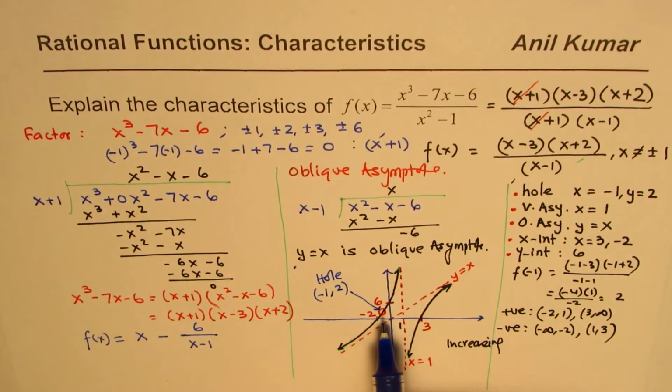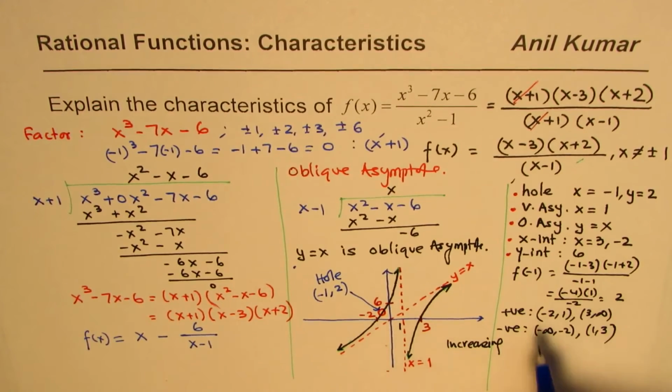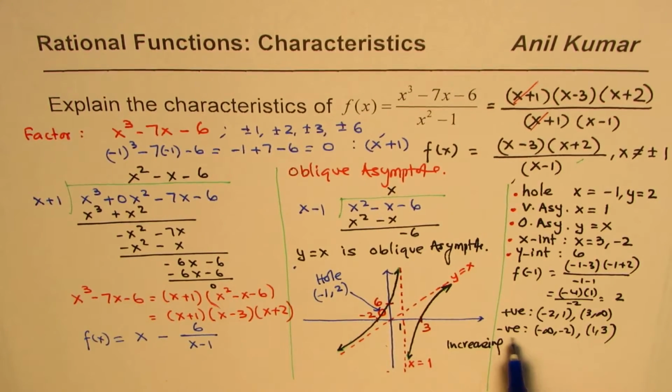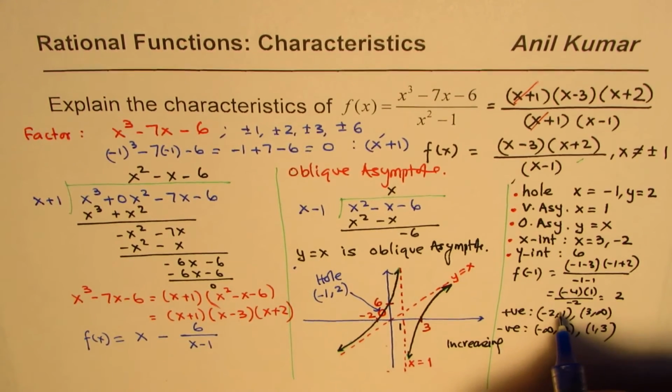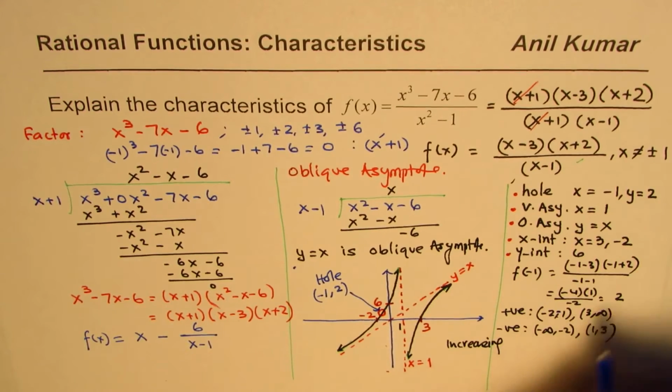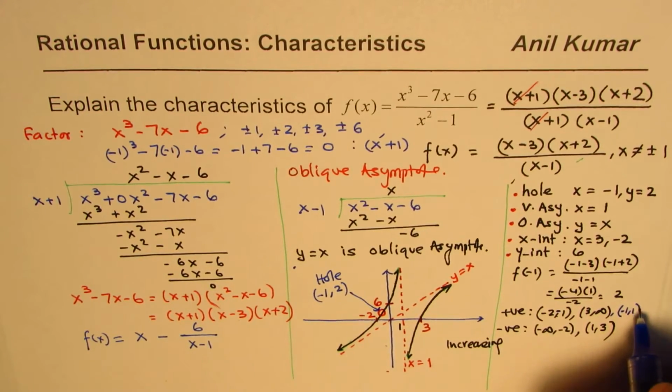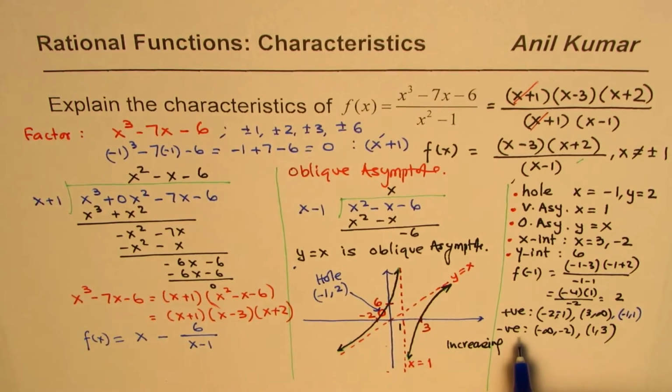So that should not be included. -1 should not be included in the interval of increasing. So it is positive from -2 to -1, and then from -1 to 1. That makes some sense.